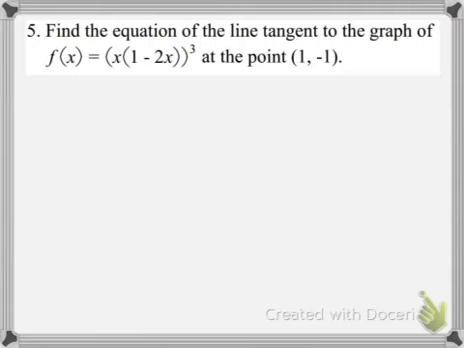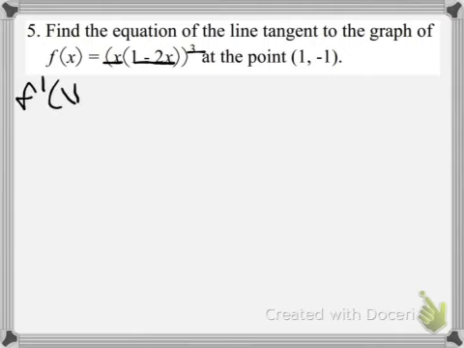So let's take the derivative of this. I'm recognizing that I have a function times a function in a function. It's pretty awesome. So my outermost function, my outside function, is the power of 3. So let's start there.